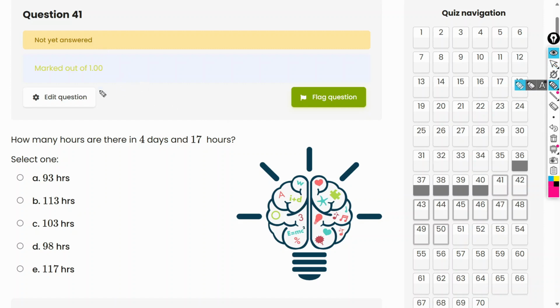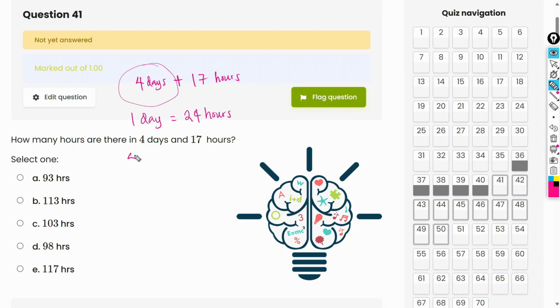Okay, question 41 says, how many hours are there in 4 days and 17 hours? That's 4 days plus 17 hours. So we need to figure out how many hours are in 4 days. If you remember, 1 day is equal to 24 hours.